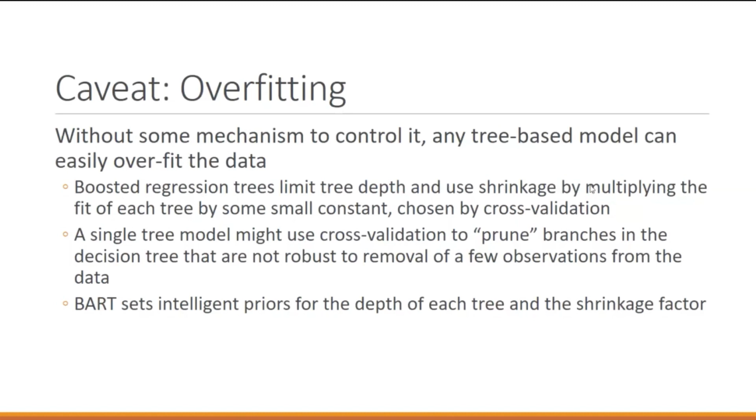And then also uses shrinkage to multiply the fit of each tree by some small constant to essentially leave behind a little bit of the variability that this particular small tree is supposed to be explaining in the data. And in this setting, either or both of these, but typically certainly the shrinkage multiplier, would be chosen by cross-validation to find the value for that shrinkage parameter that optimizes the predictive performance of the boosted regression tree model.